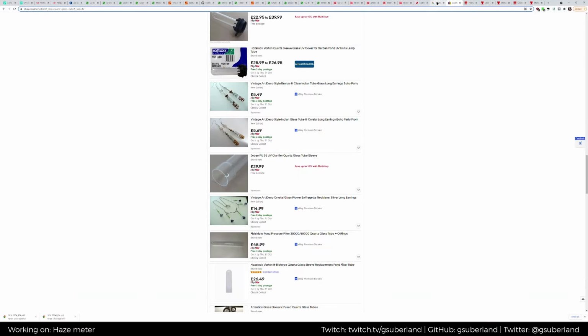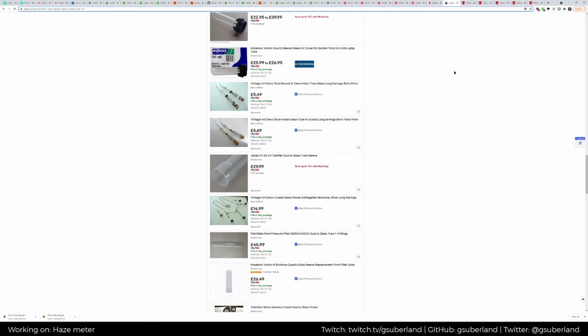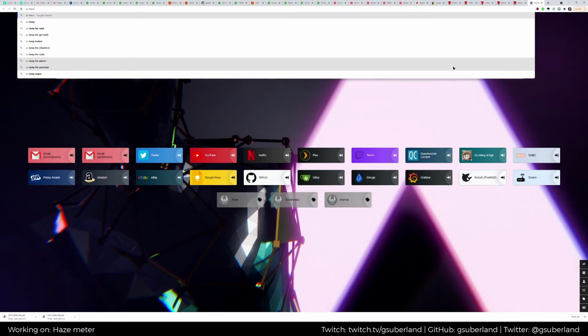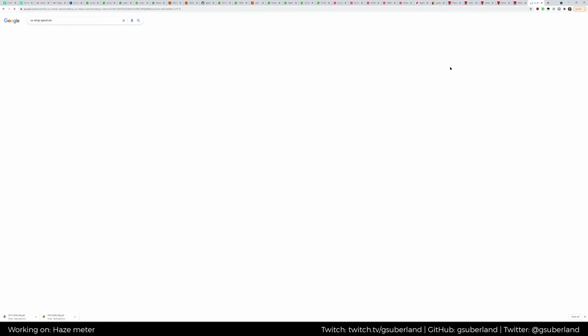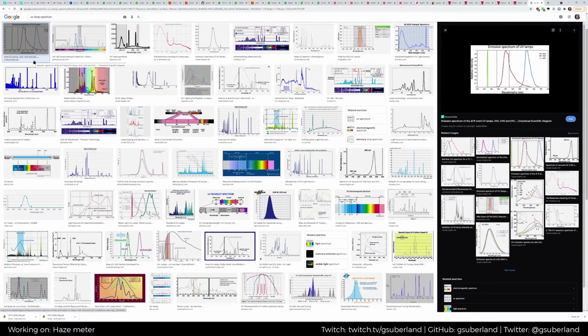But yeah, I don't know. I know you can get a UVB tube, but are they broad in terms of spectrum? I'm not sure. Okay, so a UVC is very narrow, and then a UVB is fairly broad. Interesting.